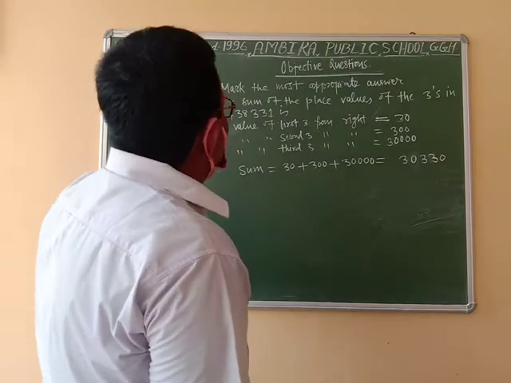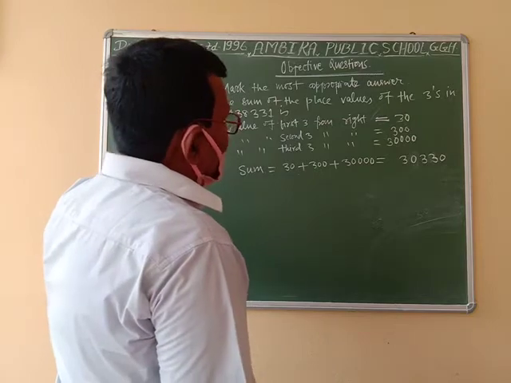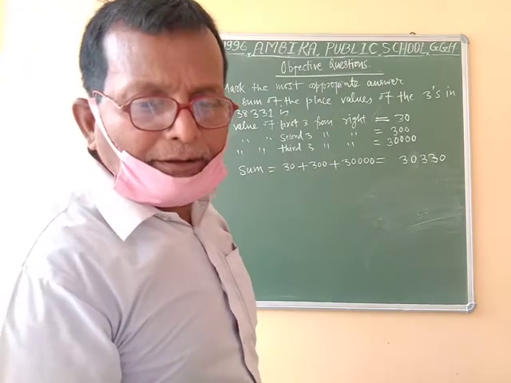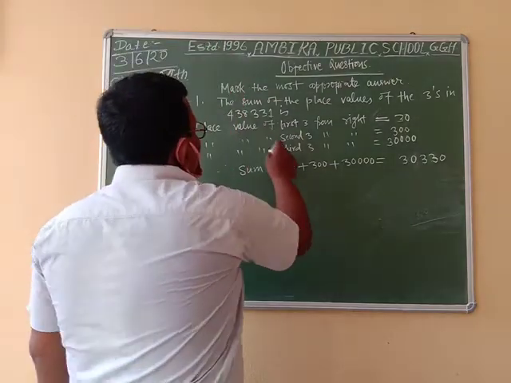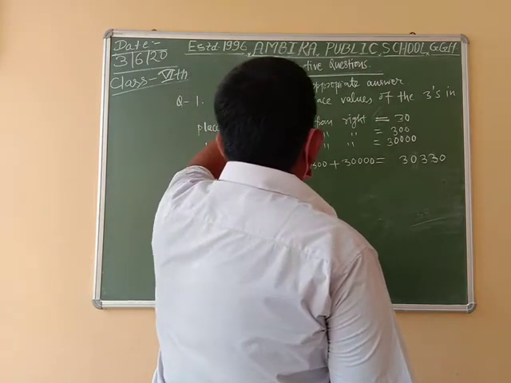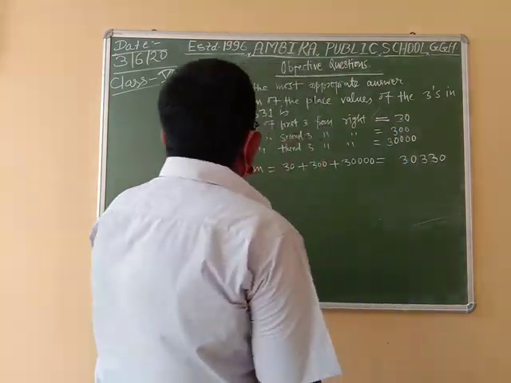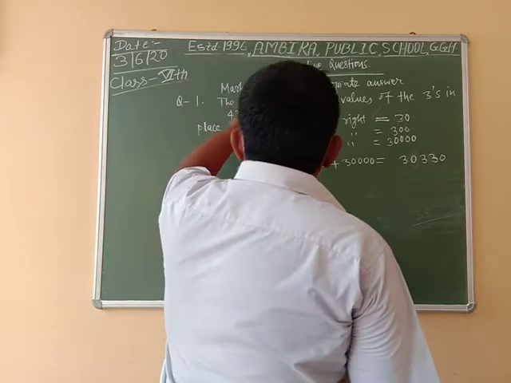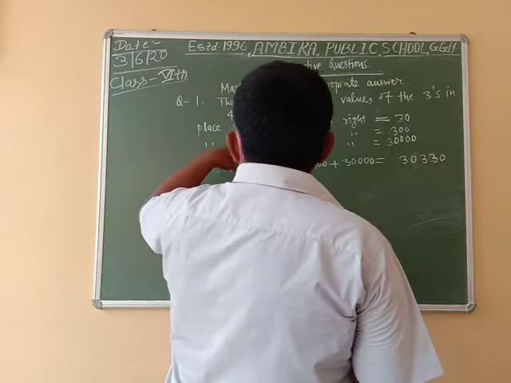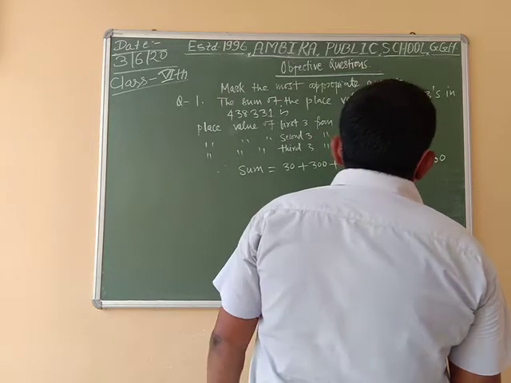Mark the most appropriate answer. The sum of the place values of 3 in 438331: the place value of the first 3 from the right is equal to 30, and the place value of the second 3 from the right is equal to 300, and the place value of the third 3 from the right is equal to 3000.